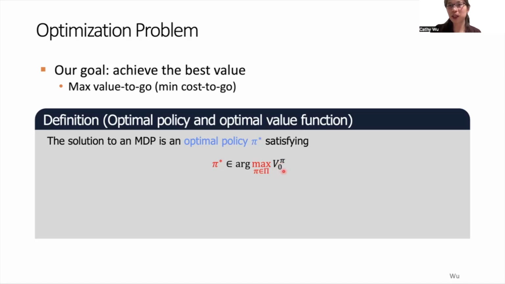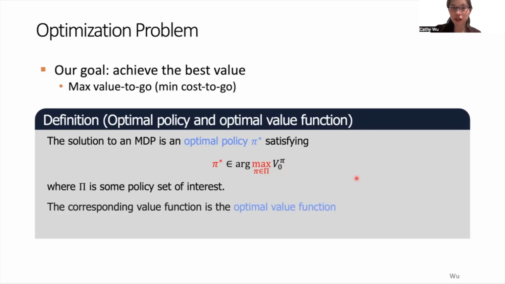This 0 indicates that we start with the 0th time step rather than some other time step. Then we take this policy, and when we evaluate it, we get the corresponding optimal value function. So V0 of pi star, we can write as shorthand V star, which is the optimal value function.